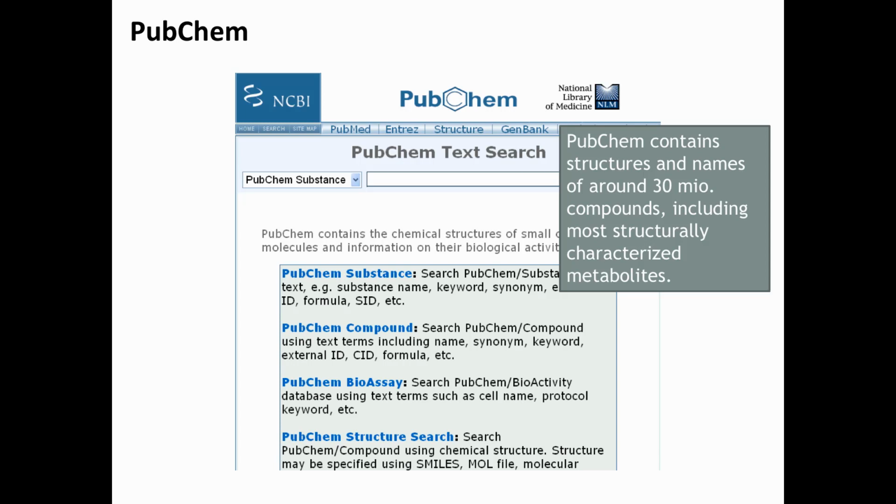The problem really is with PubChem that since it contains everything that is known in chemistry, you might find hits that are just not what you want. They're just very weird compounds in there that just have been described once that are unlikely to be metabolites. So you got to be careful. It's just exploding your search space, and you might not want to do that. But if all the other databases fail, then go to PubChem and see whether you can't find anything that fits the bill.